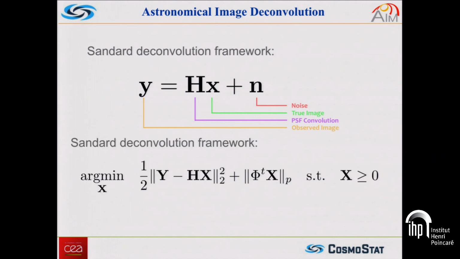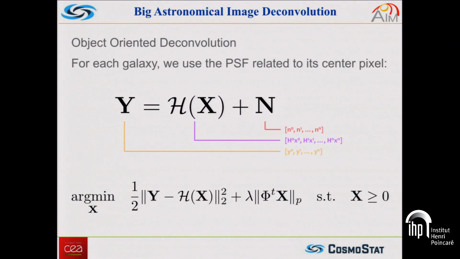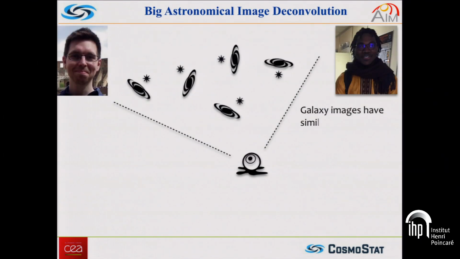And what people do normally is using sparsity. And here it becomes really, really problematic because of the size of the matrix. You cannot use FFT to diagonalize the matrix because it's space variant. So what can we do? First, we are only interested in the galaxies.